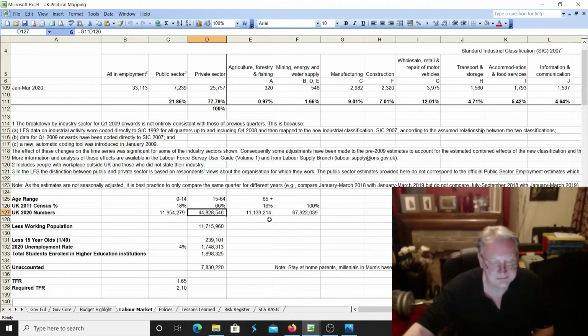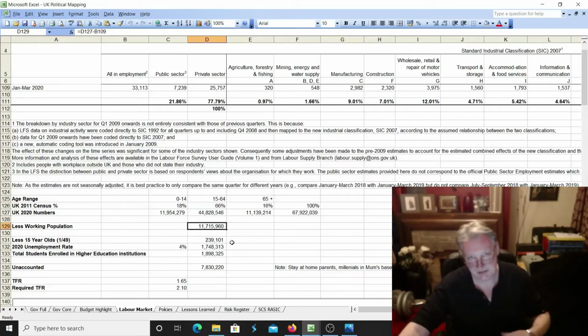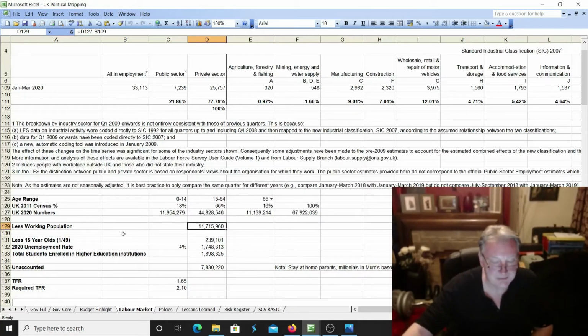Obviously it means a couple of little adjustments are required. So we take out all of those people that are employed at the moment, and this is why we end up with this figure here. 15-year-olds are not employed, but because this figure doesn't have each particular age number included, it's an assumption to make that over these 49 years we just divide it out there and take the 15-year-olds out of the equation.